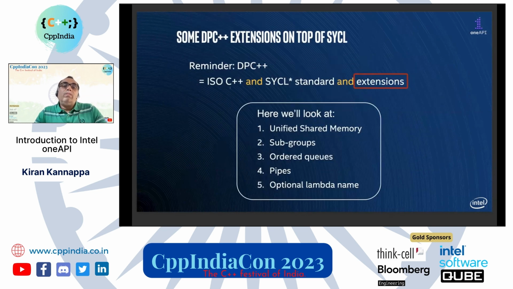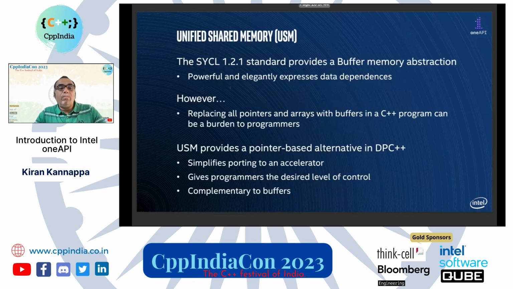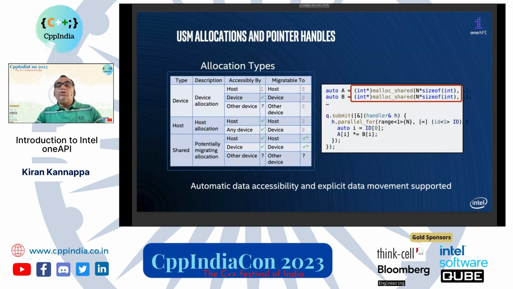Okay, so there are other aspects of SYCL DPC++ as part of the extension. One very important aspect is the unified shared memory. So we'll look at this. Memory can be allocated on the device or it can be allocated on the host. So you can follow what is referred to as explicit transport, or it is implicit.